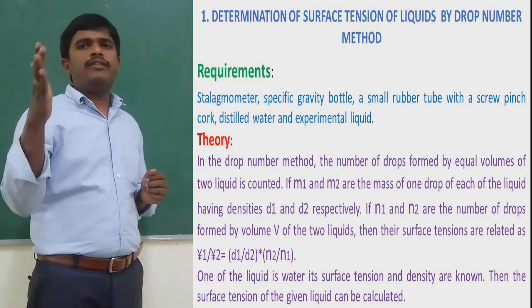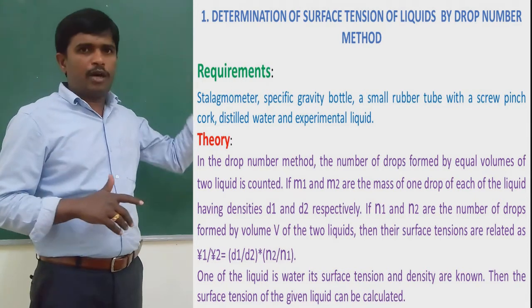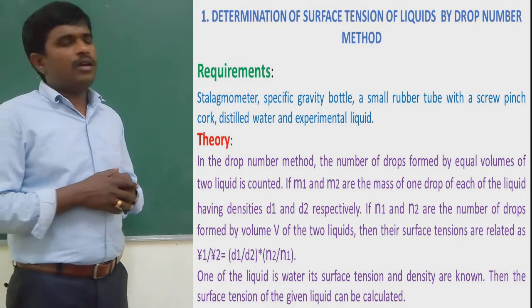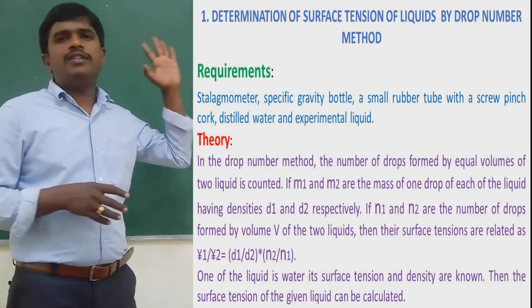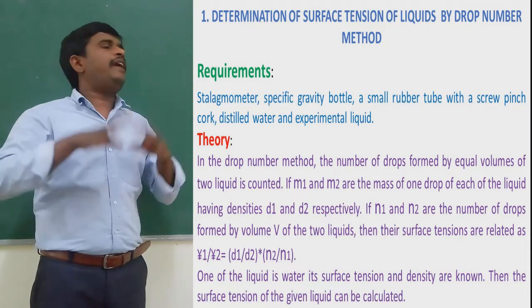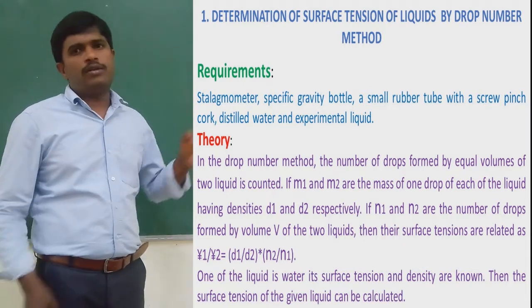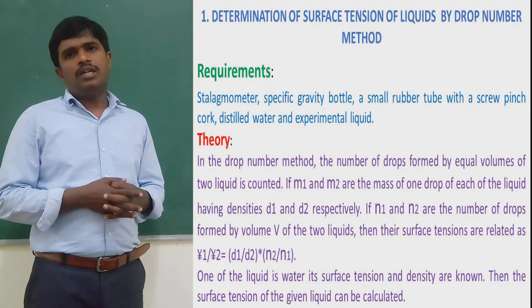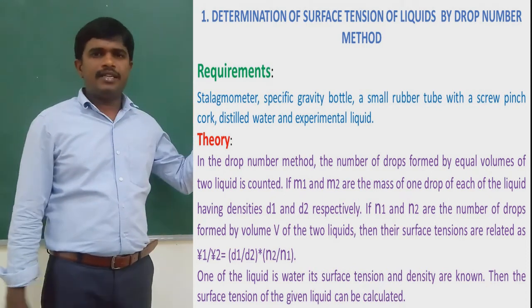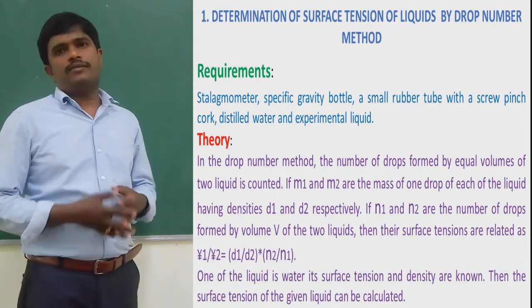Here N1 and N2 are the number of drops of liquid and water. In this case, one of the liquids is water, and its surface tension and density are known. Then the surface tension of the given liquid can be easily calculated.